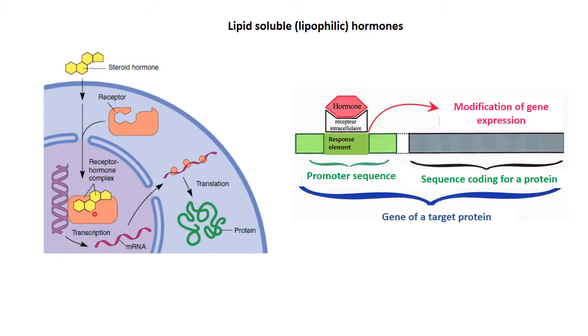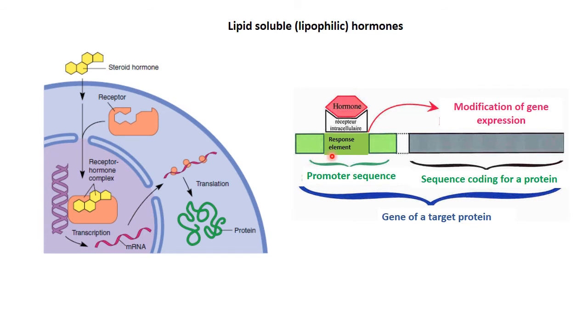Now, this hormone receptor complex, as we said, can bind to the DNA. And in fact, it will bind to specific regions on the promoter of some genes. So the genes have a coding sequence, as you know, and a promoter region or a promoter sequence.